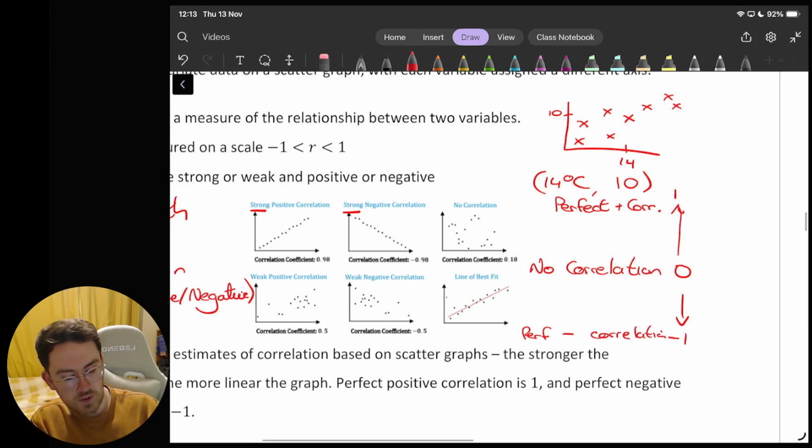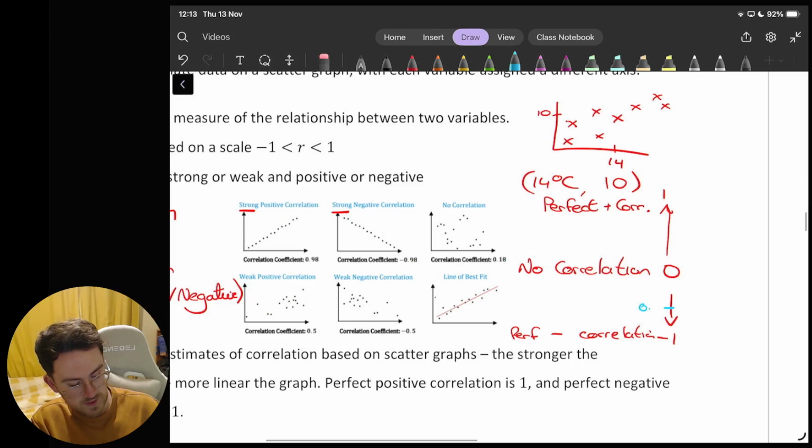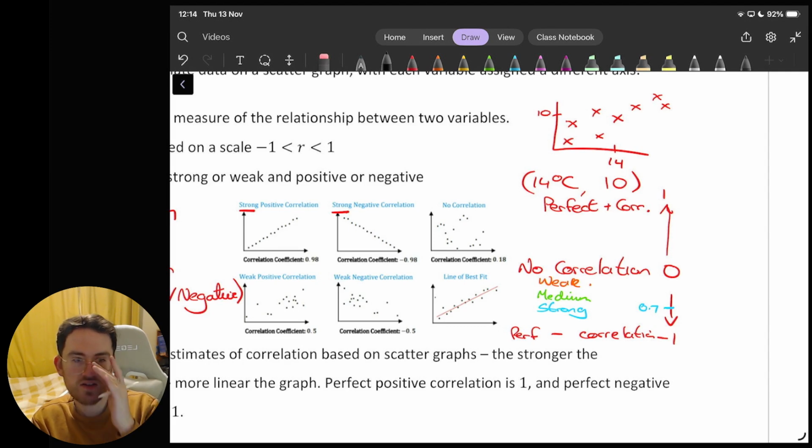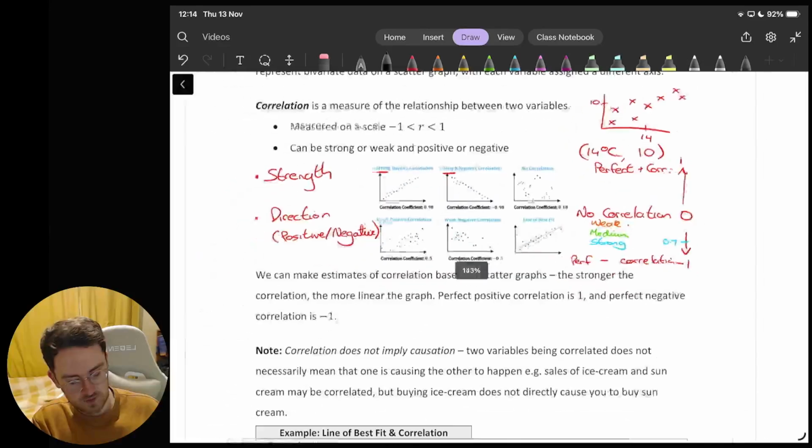Anywhere between there, we get a sense of where we're at. From maybe 0.7 upwards, I would consider to be strong. We might have medium in the middle, and weak down in the lower numbers. So you give yourself a middle ground to be able to describe the correlation. You need that measure of strength and direction.